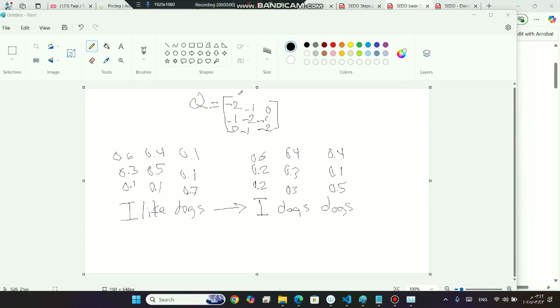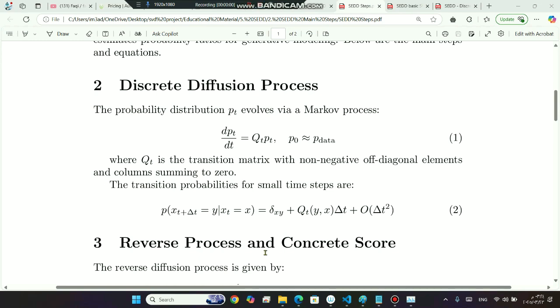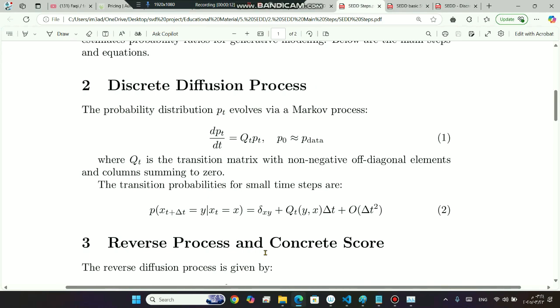But what is that based upon? Let's have a look at the mathematical foundation for what we are actually doing. One very famous mechanism to add noise in the diffusion process is using what we call the Markov process, according to this equation over here. It says that the change in the probability distribution equals the multiplication between this Q matrix, which we have just mentioned, and the original probability distribution.